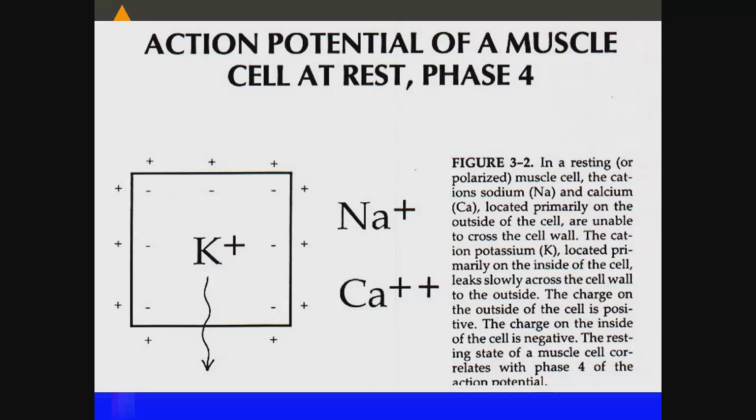We think of the intracellular concentration as being slightly negative compared to the extracellular. If you add up all the cations on the outside and compare it with the cations on the inside, there's more positive charge outside than inside. Yes, I know potassium is a positively charged cation, but there's less of that positivity inside at rest than there is outside.